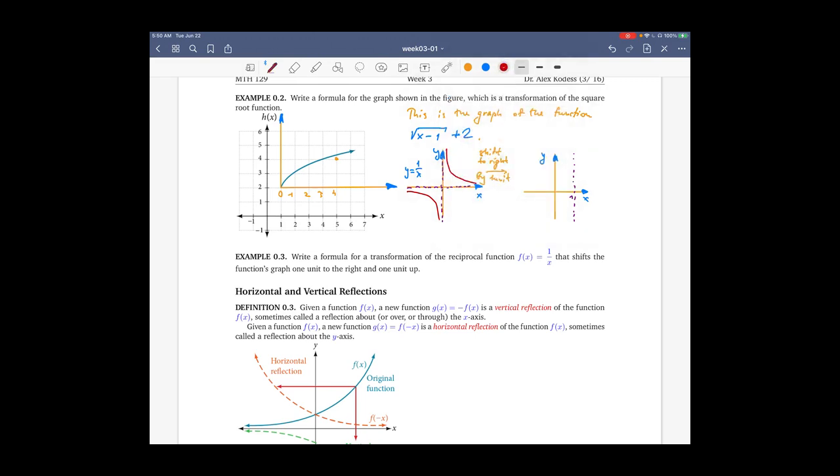And the new graph will look the following way. The horizontal asymptote stays.